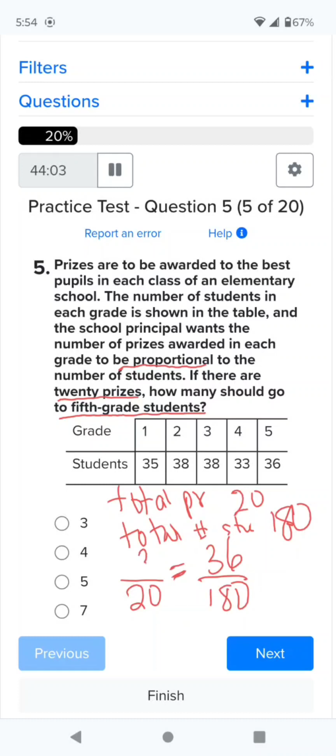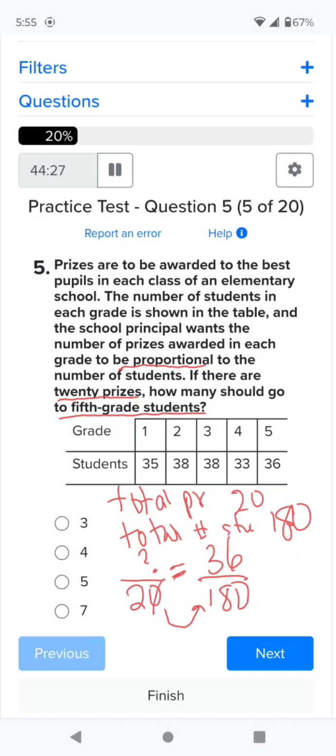So what portion of that 20 is going to be representing 5th grade? Now, I can do cross multiplication, where I multiply 20 times 36 and divide by 180. But I see that these have common factors and that they're multiples of each other. So I just decided to say what times 20 is equal to 180.